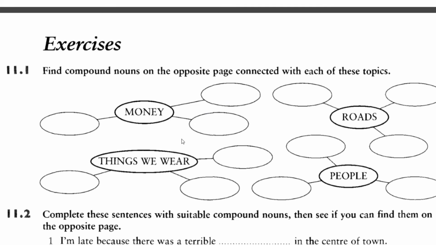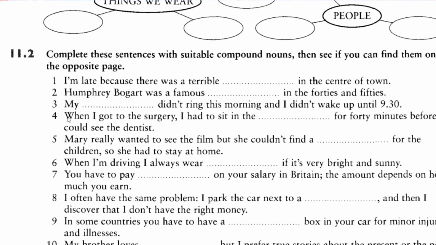Okay, let's go to 11.2, complete these sentences with suitable compound nouns, then see if we can find them on the opposite page. I am late because there was a terrible traffic jam in the center of the town. Humphrey Bogart was a famous film star in the 40s and 50s.